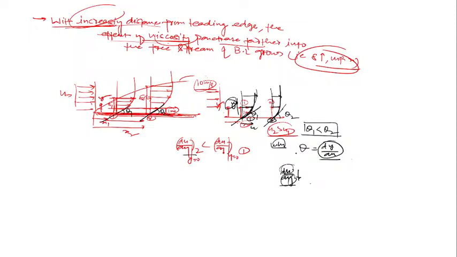Yes or no? Du upon dy means delta u upon delta y, where delta u is u infinity minus 0, and delta y is delta minus 0. So what I am saying, my dear student, is that as the gradient decreases, u infinity is the same, so delta has to increase.